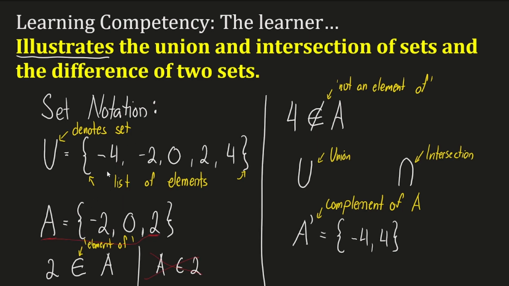Then, of course, each element will be separated by a comma, and you have the symbol, an element of, not an element of. You have the union and intersection. We're going to use that in between two sets.